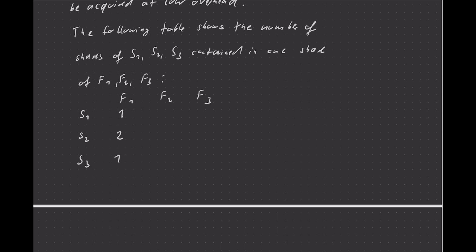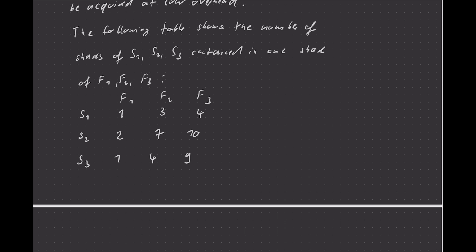For F2, we have 3 shares of S1, 7 shares of S2, 4 shares of S3. And for F3, we get 4 shares of S1, 10 shares of S2, and 9 of S3.